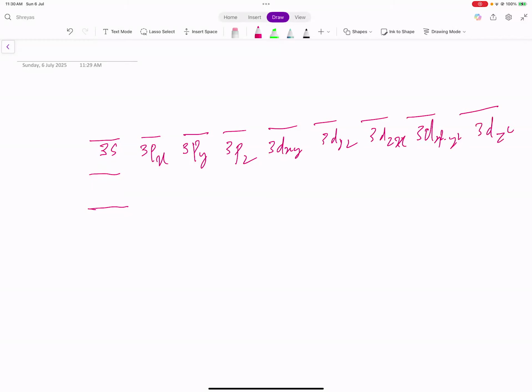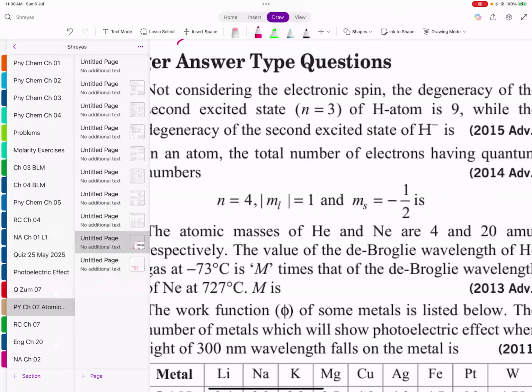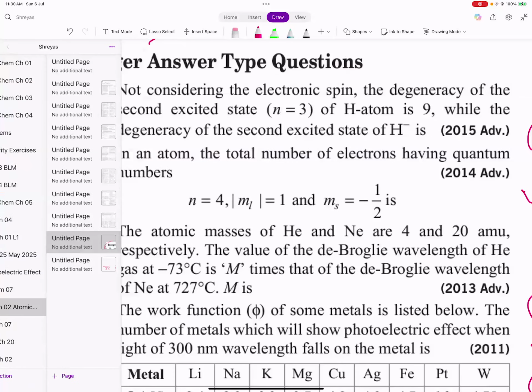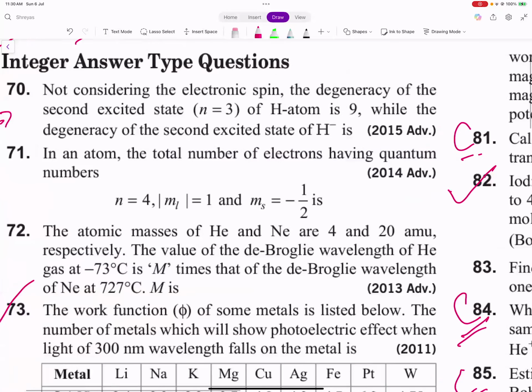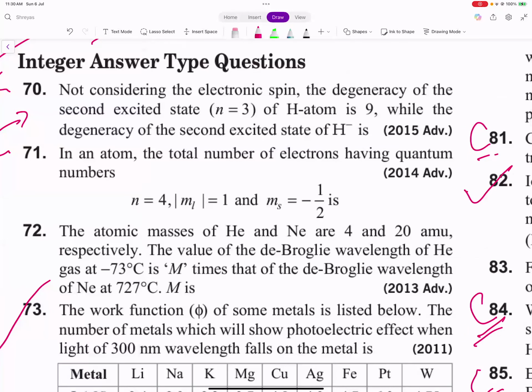So how many in total? 9. So degeneracy is 9 for the H atom. Okay. Now you try. Otherwise I'll tell. No fun in telling.